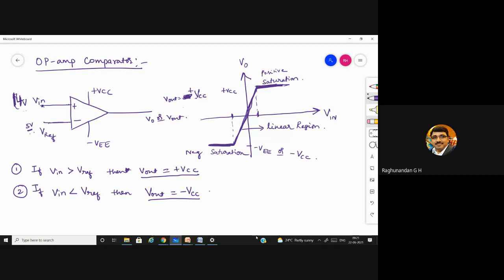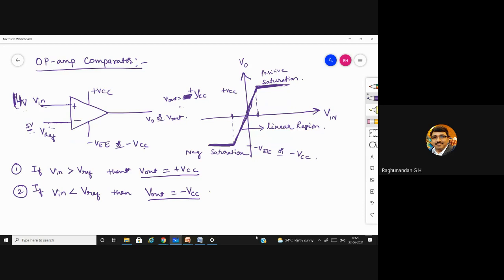If it is going to give output as minus VCC, then it is understood that the given input signal is smaller than the reference voltage. This is how we are going to find which signal is greater.